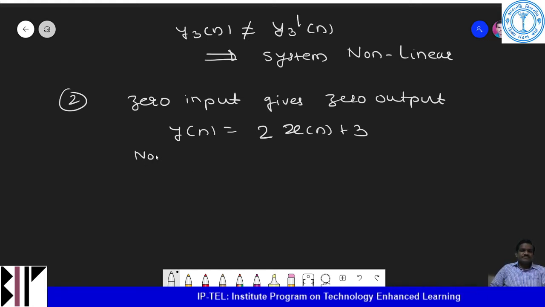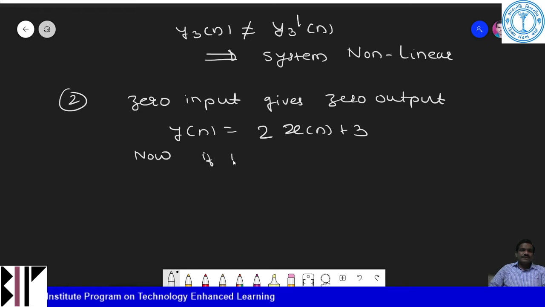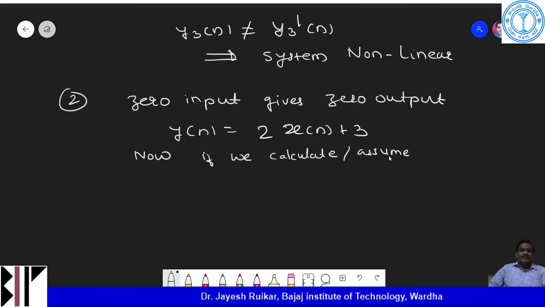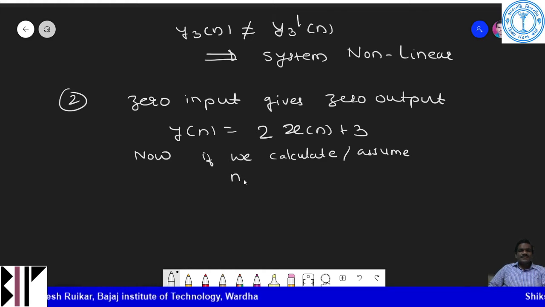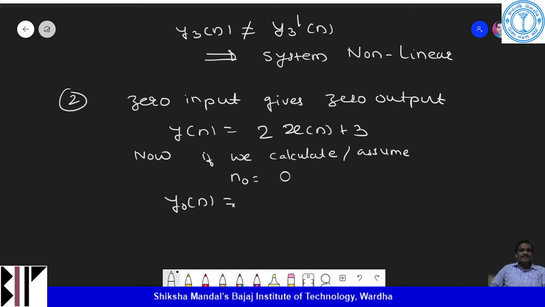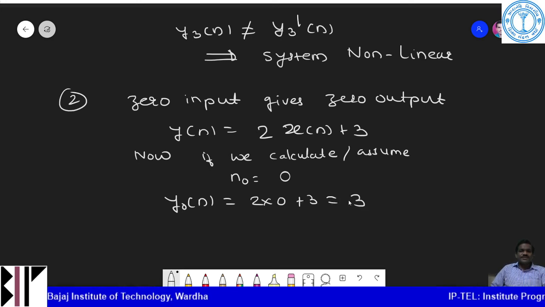Now if we calculate or assume the system at n is equals to 0, or you can say at the 0th input, y0 of n is nothing but 2 into 0 plus 3, which is equals to 3.